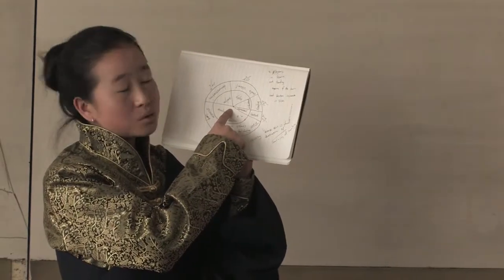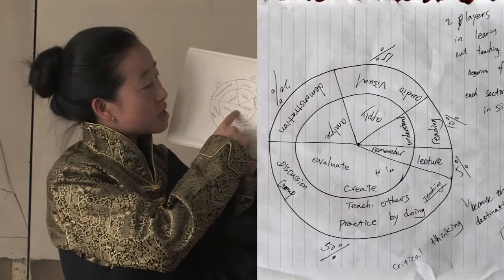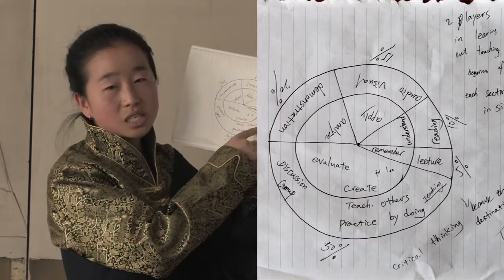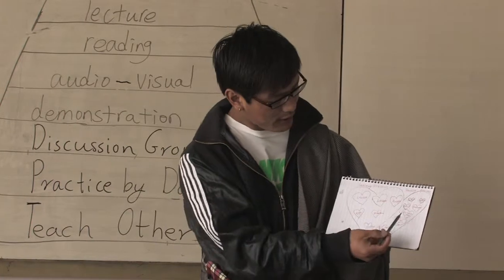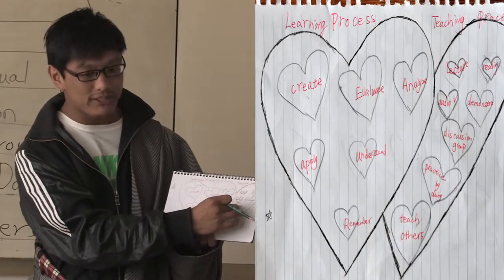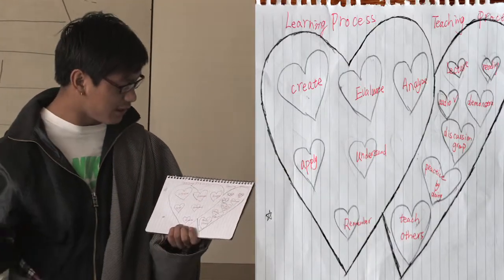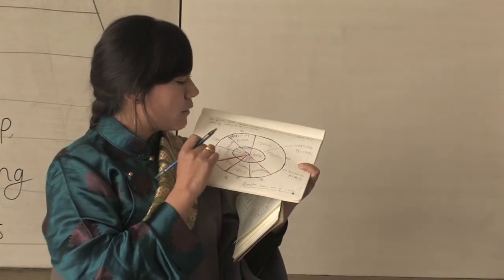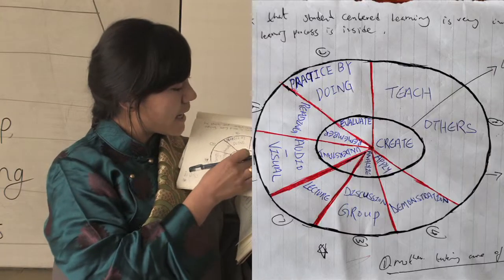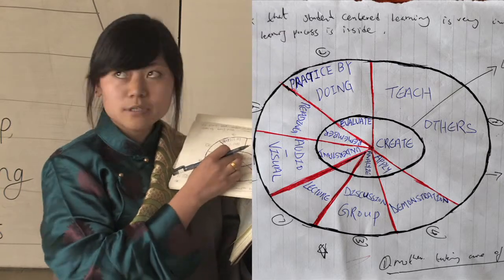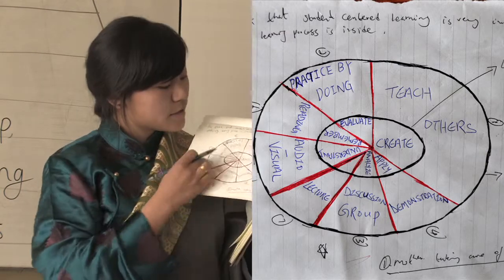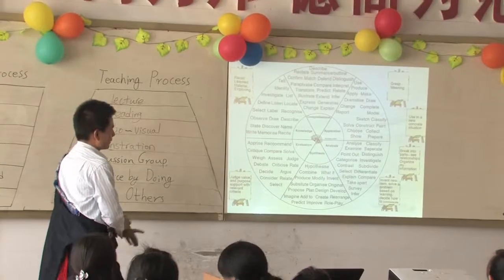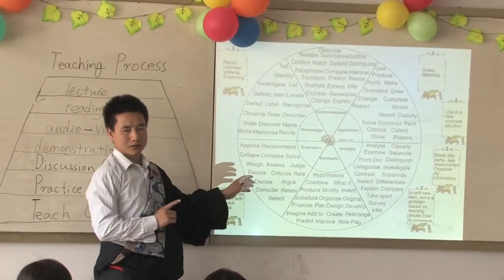Inside is for the learning process, and outside is for the teaching process. So this big circle is combined with this one. That means the learning process and teaching process are combined. First of all, we think the inner circle shows the learning process, and the outer circle is the teaching process. It matches with some of the groups.